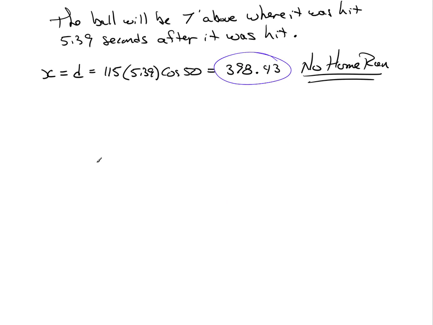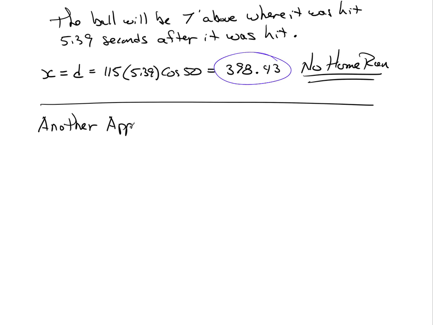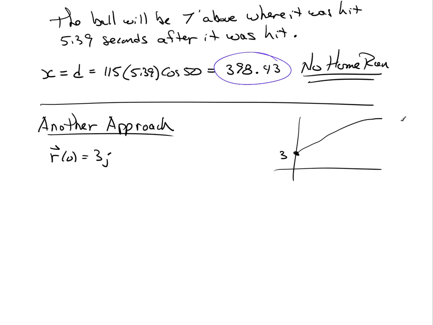So what if I said my starting position on the vector r naught, or r of 0, is 3j? Because remember, I hit the ball from a height of 3 feet, and the ball took off. So r naught is 3j.